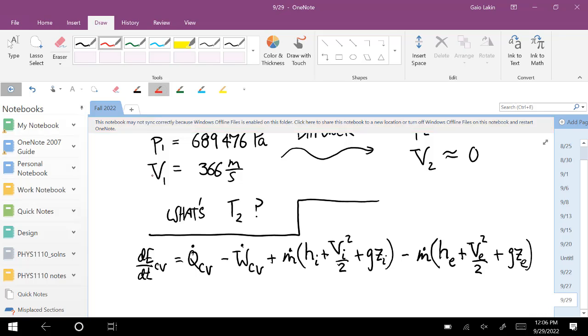Steady state, so the energy rate of change goes away. There is no heat transfer. And this is a rigid thing, so there's no work done by the control volume. We're ignoring potential energy. And then we're treating the speed at the exit as 0, so that goes away.